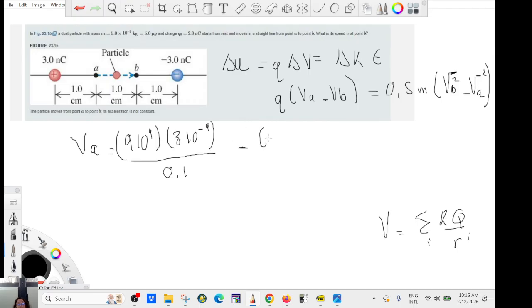So you're going to have 9 times 10 to the 9, 3 times 10 to the negative 9, and the distance between here and there is, there was a mistake, 0.1.